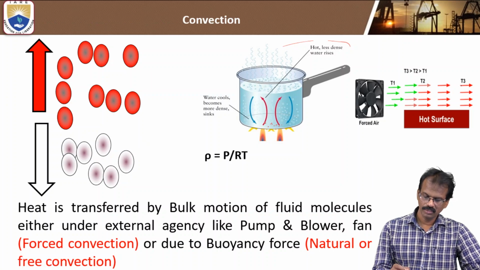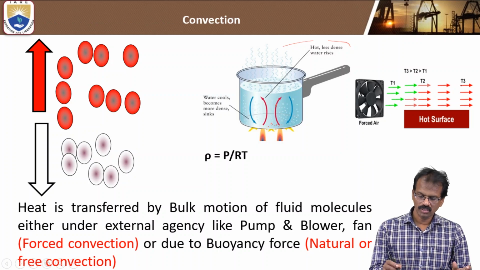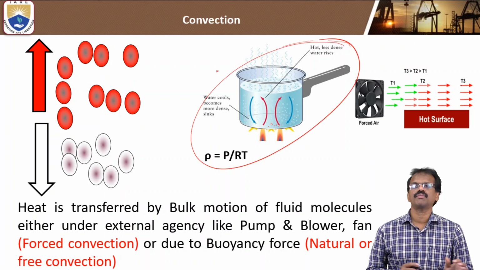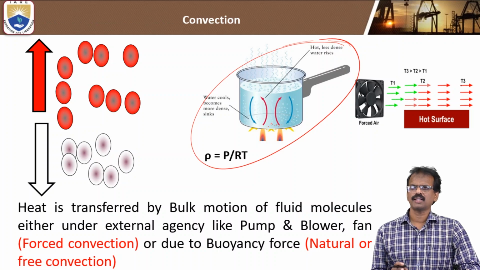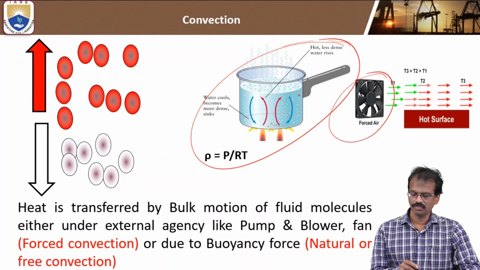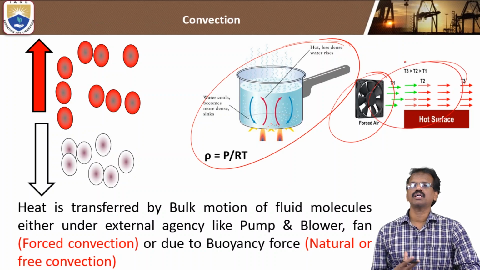So the particles move from bottom to top by the effect of buoyancy. It means the movement of the particles occurs naturally, so this process is nothing but natural convection. When the movement of the particles occurs by some external agent, this is nothing but a forced convection process.